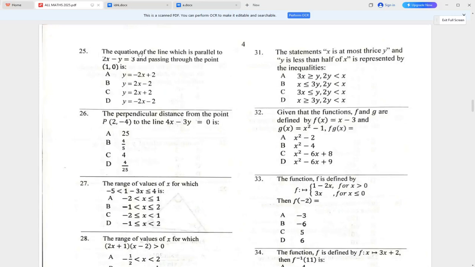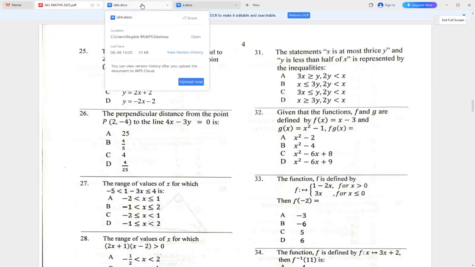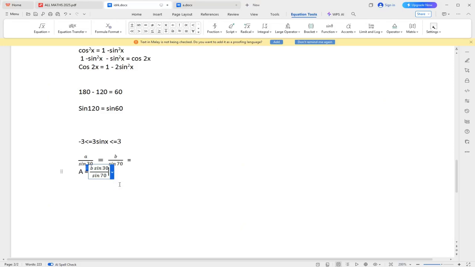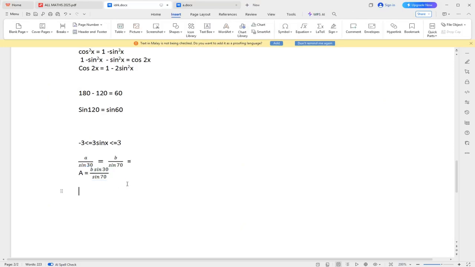Now question 25. The equation of the line which is parallel to 2x minus y is equal to 3 and passing through the point 1, 0 is. To solve this, first of all, put the equation of this line in the form y is equal to mx plus c. So we have 2x minus y is equal to 3.